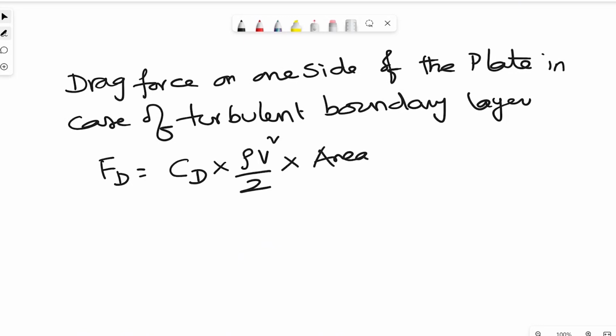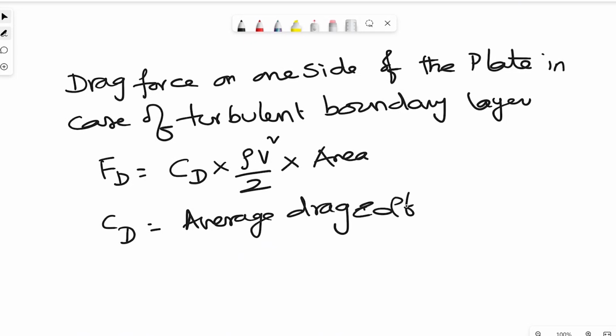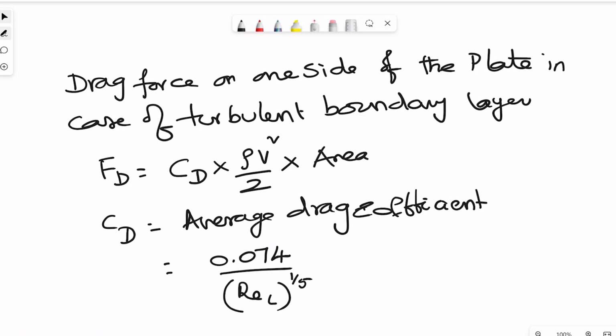This is the basic thing. And again, CD we mention as the average drag coefficient, and the average drag coefficient is 0.074 divided by REL to the power of 1 by 5.